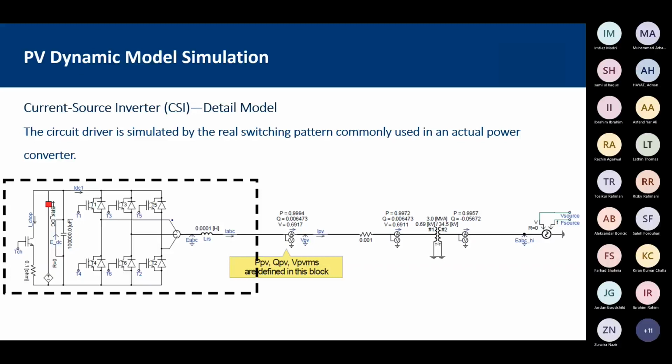Obviously, the detailed model is driven by the manufacturer specs. So you can model it to any specs, which means you can do pretty much everything in PSCAD to meet the manufacturer specs.